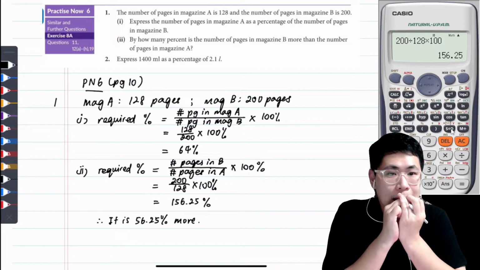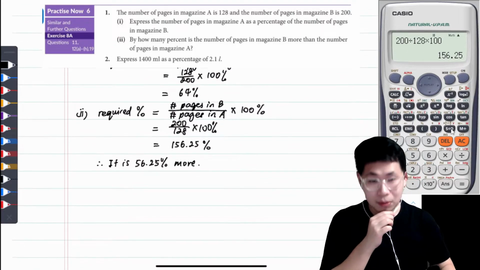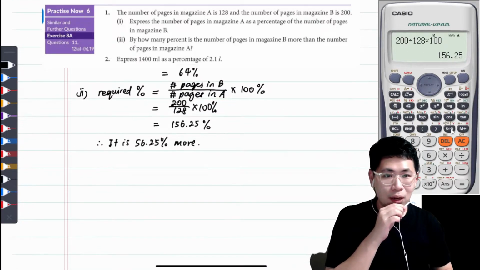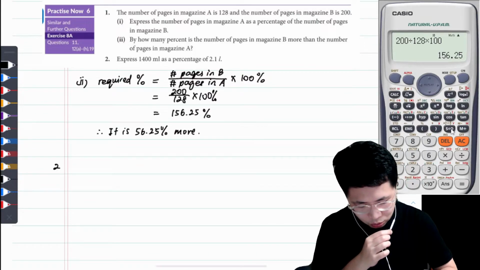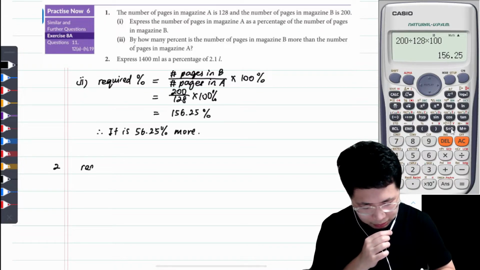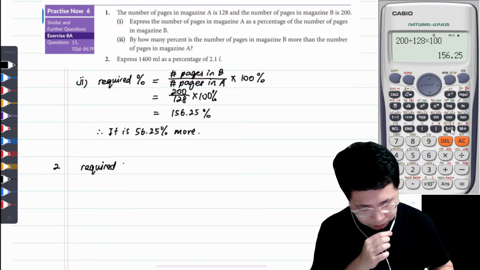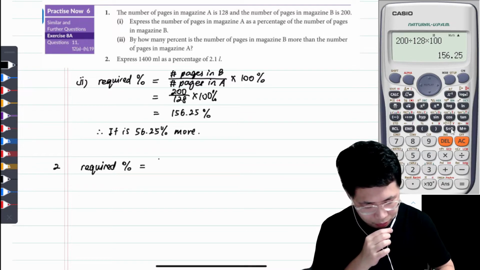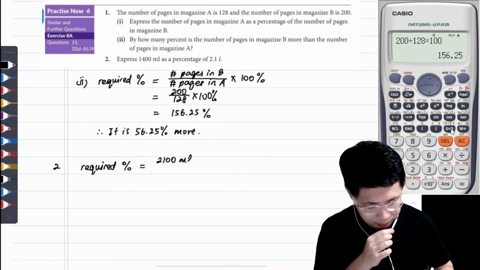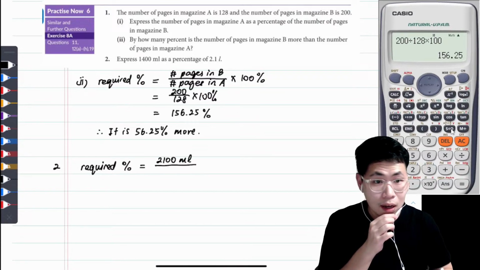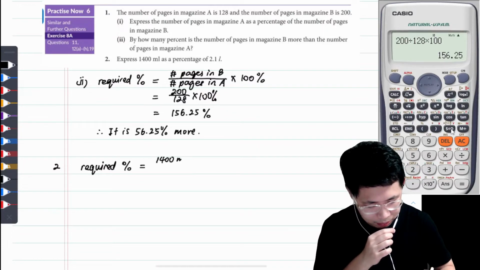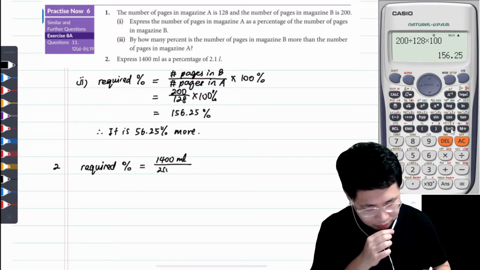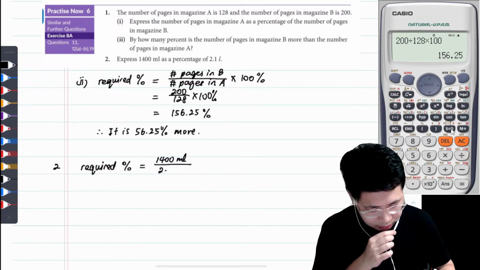Okay, then number two, we're actually looking for 1,400 ml as a percentage of 2.1 liters. So what the required percentage over here is, we want this amount of ml as compared to 2.1 liters, multiplied by 100%.